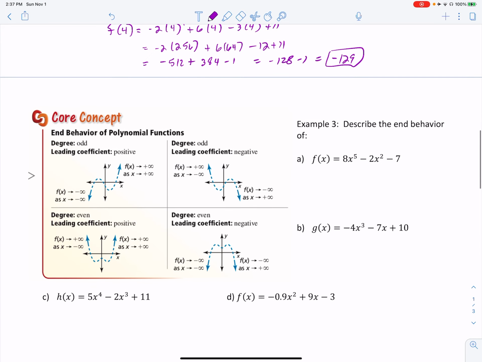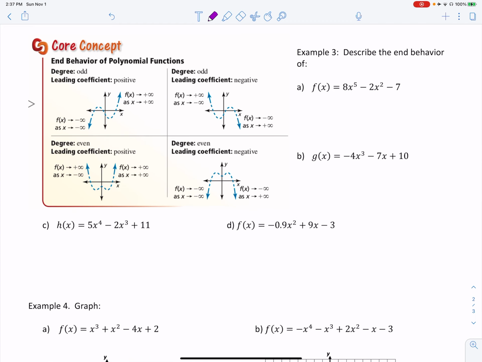All right, what's interesting coming up next and very important is end behavior. And so when the degree of the function is odd, and remember the degree is the exponent on the leading term. So on part A here, the degree of this first problem is 5. And since that is odd, it fits either one of these first two, meaning it's overall increasing or overall decreasing. One end goes up, one end goes down.